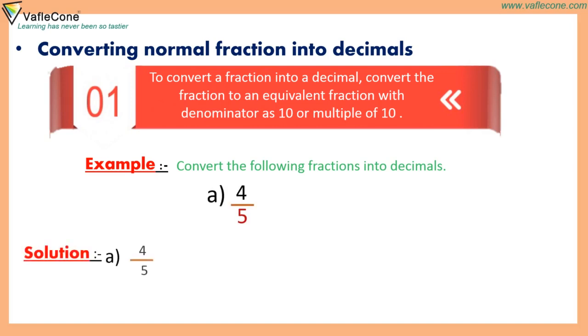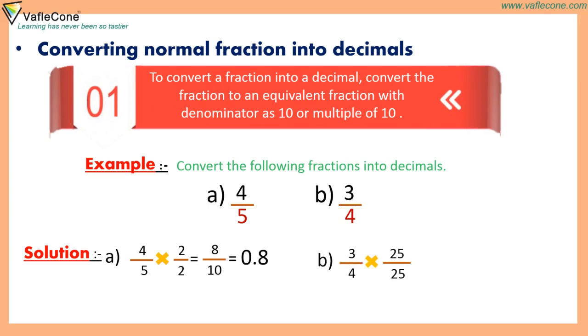Solution. 4 by 5 into 2 by 2 is equal to 8 by 10 is equal to 0.8. B. 3 by 4. Solution. 3 by 4 into 25 by 25 is equal to 75 by 100 is equal to 0.75.